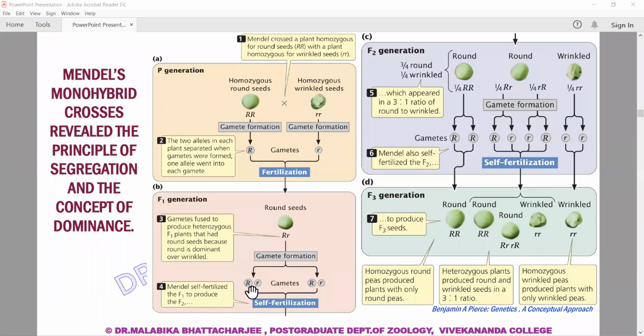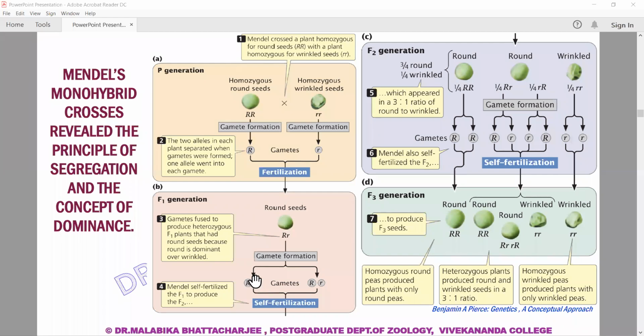When we self-fertilize, capital R small r is self-fertilized with capital R small r. And what is the ratio we obtain when this kind of cross is done? We get 3/4 of capital R phenotype and 1/4 of small r phenotype. Mind it, I am using the word phenotype.